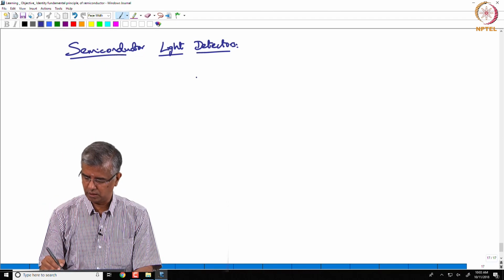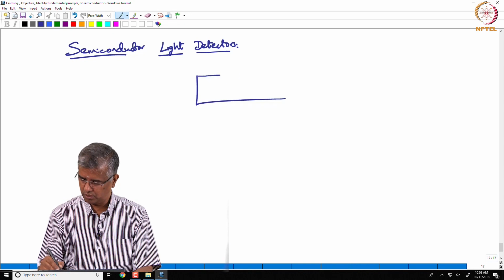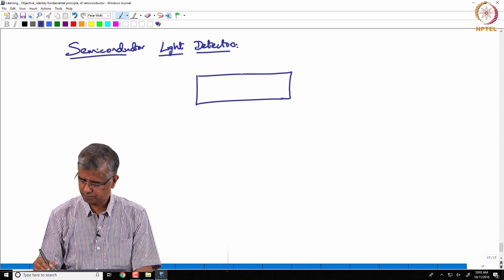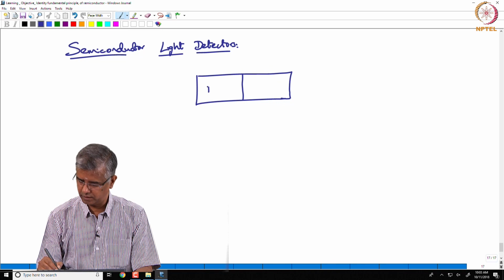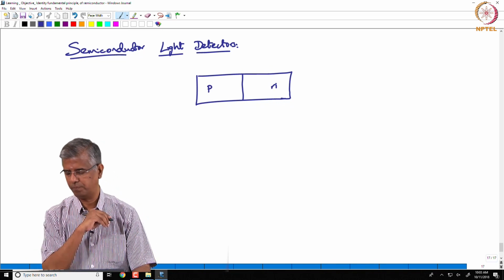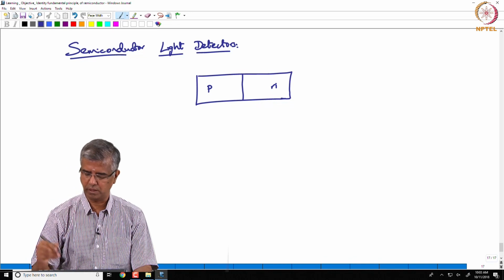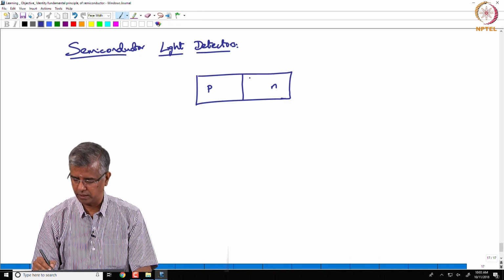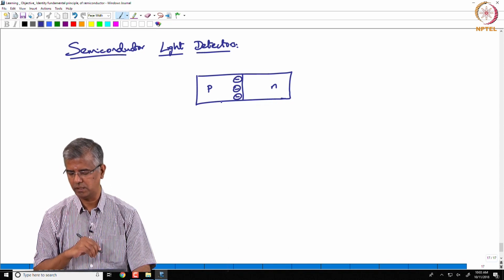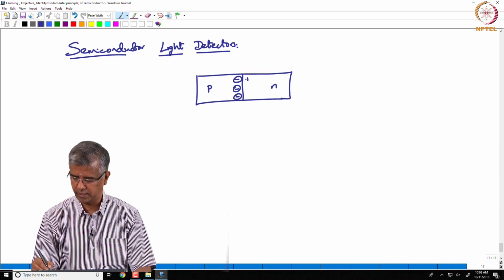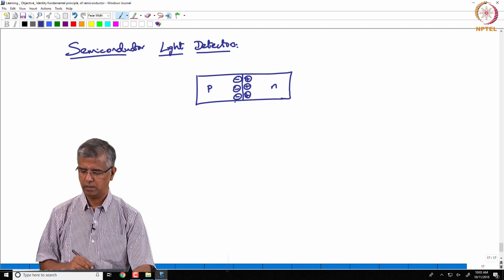So, as we saw before, when we consider a PN junction diode, what we have is the excess holes are going over to the N side from the P side, and that is leaving behind some fixed charges, negative charges on this side and positive charges on this side, right.